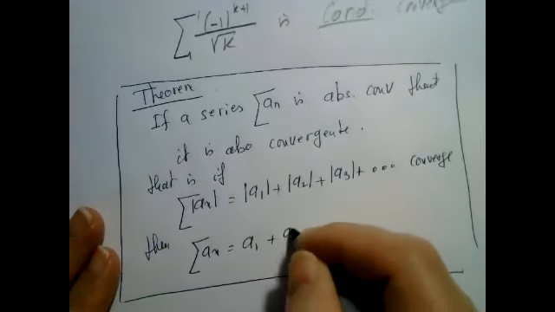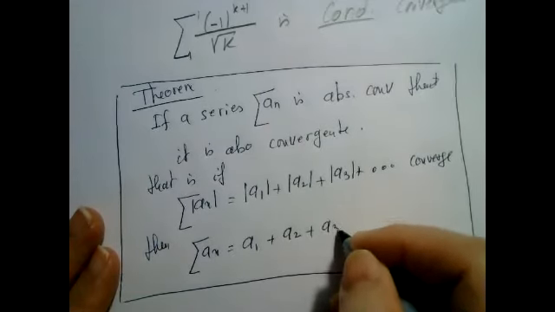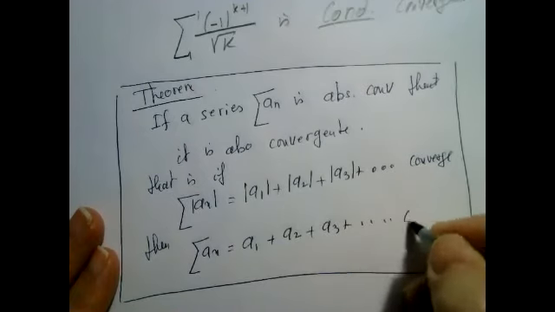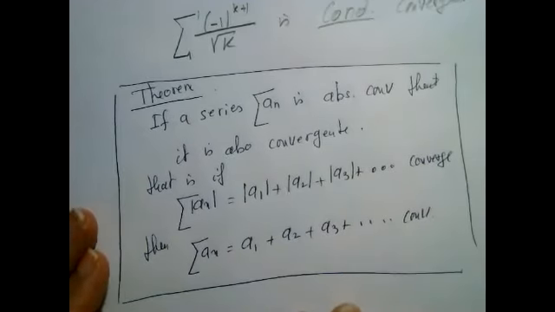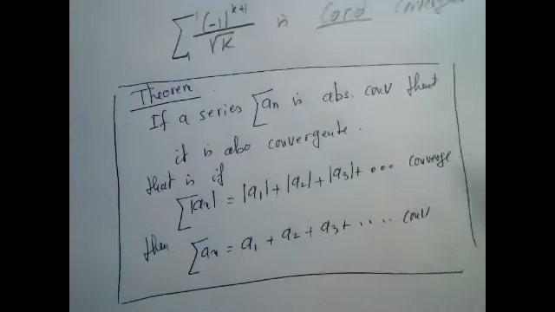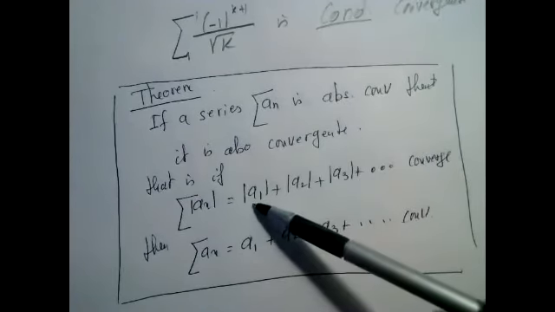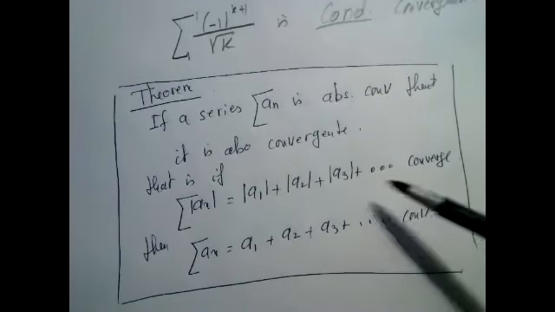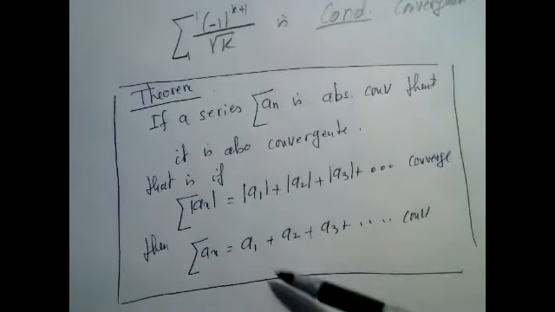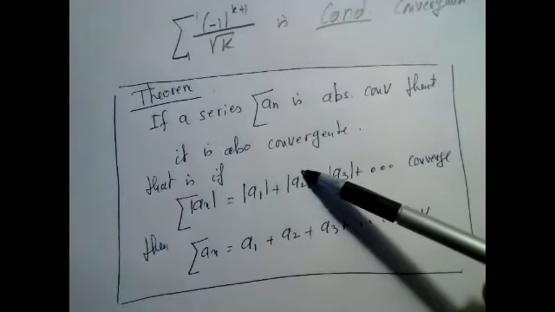However, what the theorem tells me is that if you have a series and you know it is absolutely convergent, then it will also converge without the absolute value. But of course, the converse is not correct.